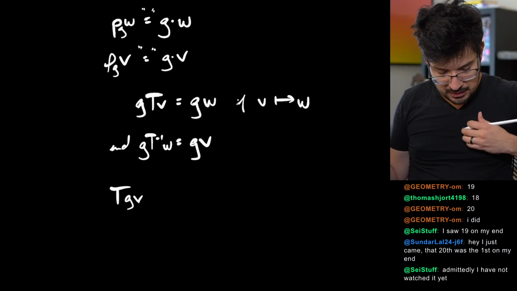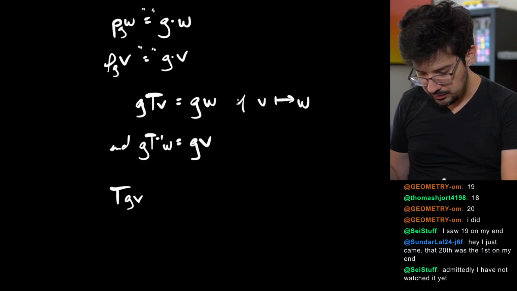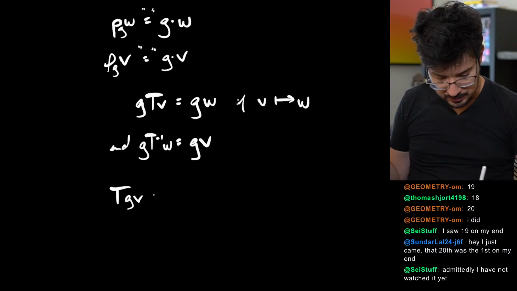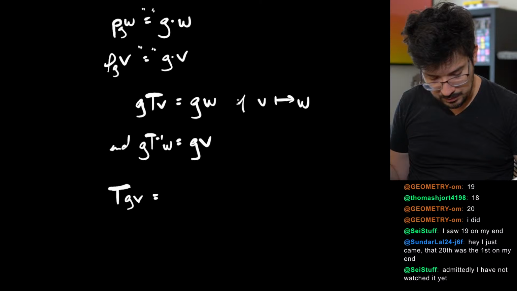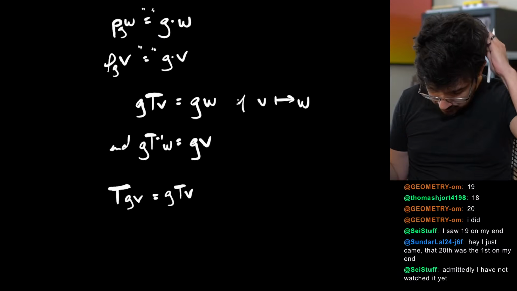GV is an element of the vector space V. So then on the right-hand side, we want an element in the vector space W. So, is this what we want?